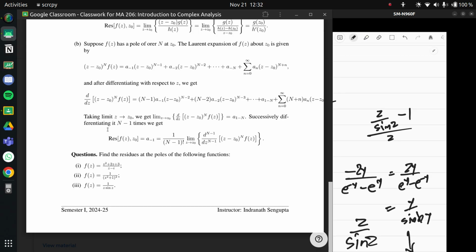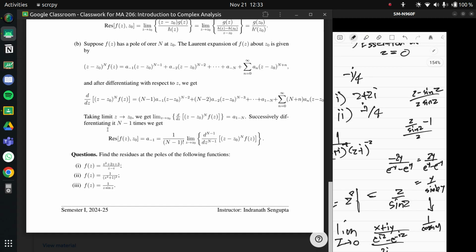Yeah. So that's something like z minus sine z upon z sine z or something like that. Right. That's even more complicated. This is not going good. We have no way of figuring out whether or not this is actually a good thing. We know that sine z is an analytic function, but what about 1 upon sine z? We don't know. So we have to figure out some other way to do it.